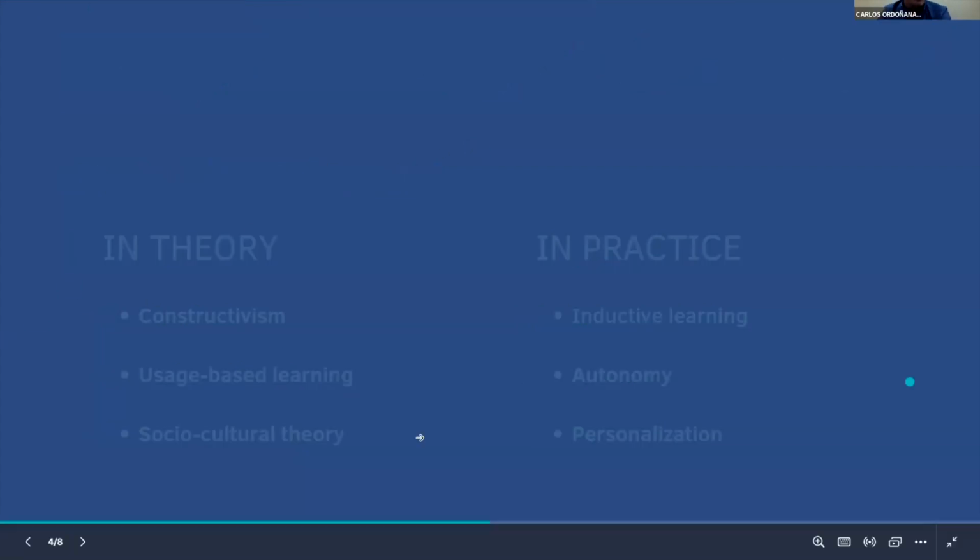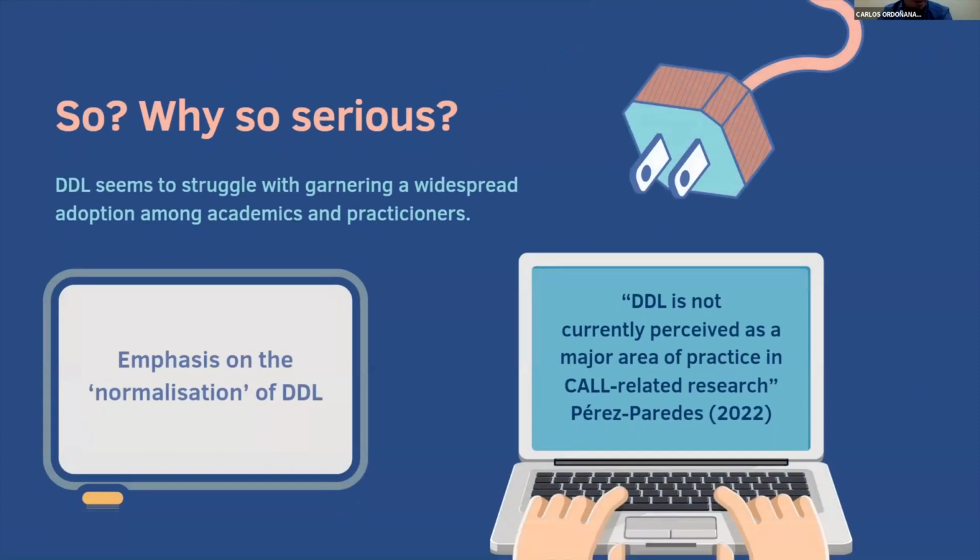However, even if there is some consensus amongst academics that DDL is a good thing, that it's working and useful, it's certainly struggling to garner widespread adoption amongst both academics and practitioners.